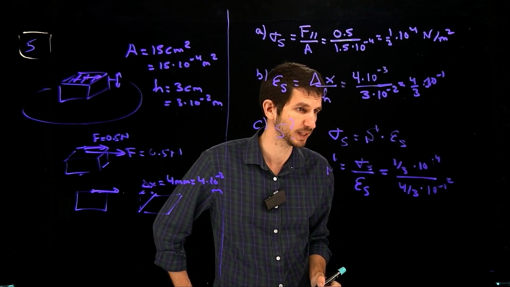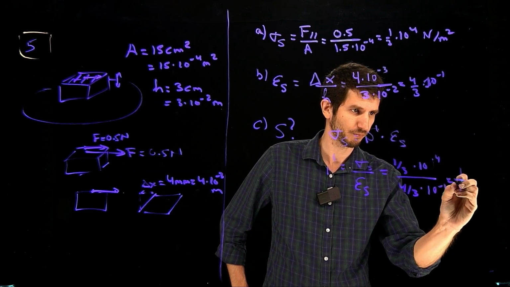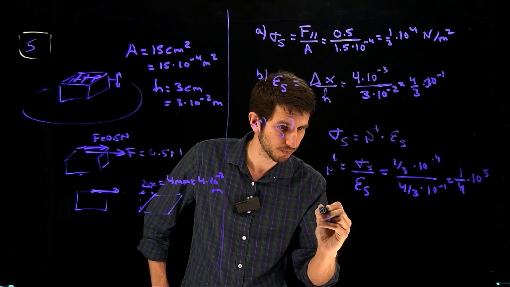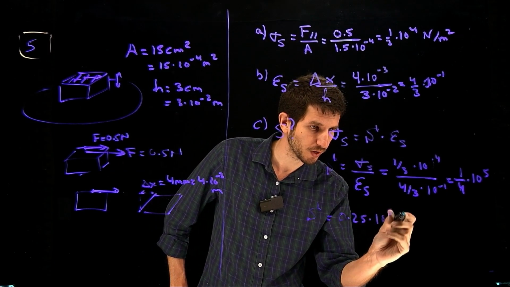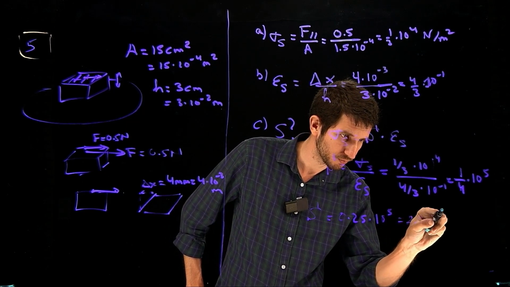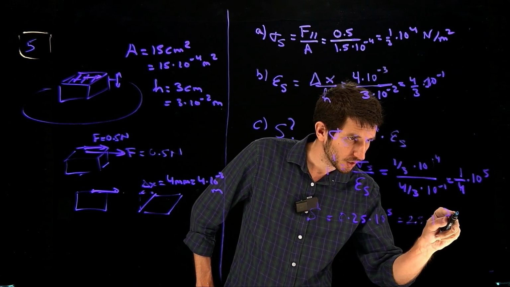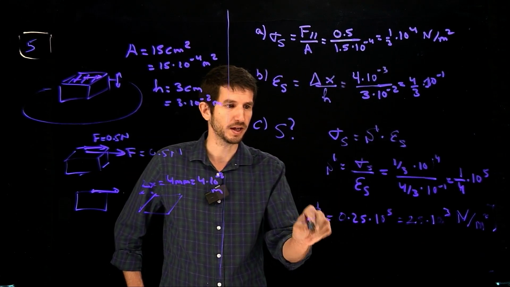And how much is that? That's actually 1/4 10 to the 5, or equivalently 0.25 10 to the 5, which is 25 10 to the 3 newtons per square meter. So with that, we complete everything.